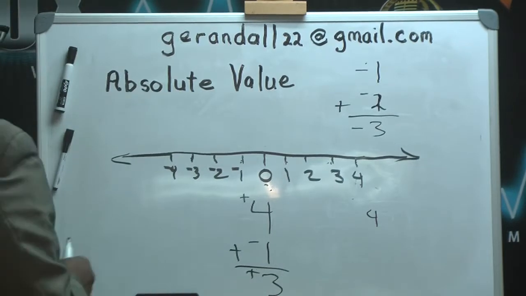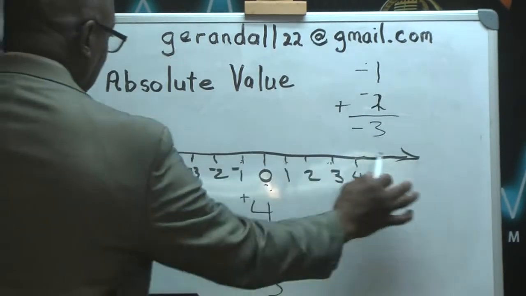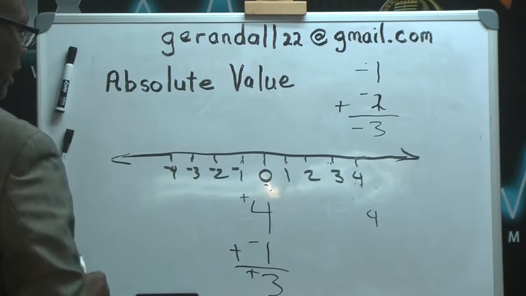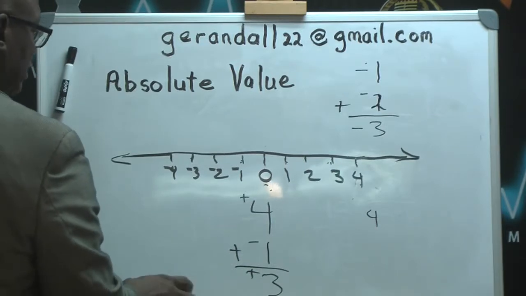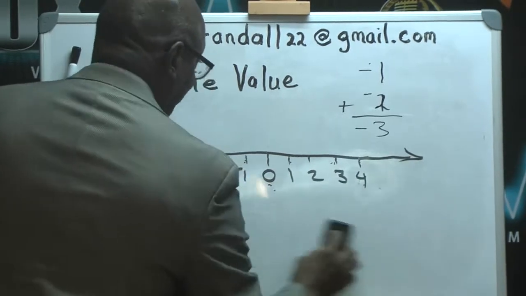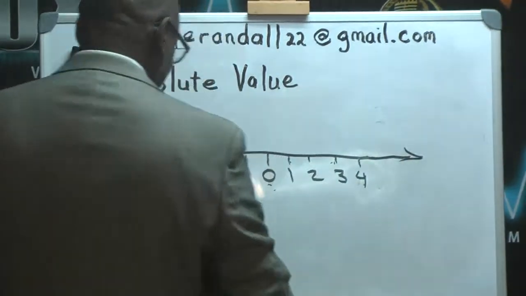And so far, I've shown you the definition of absolute value. We've drawn a number line for some simple operations, and we've talked about absolute value. The reason I bring up absolute value again is because when we subtract, there are some rules that go with subtraction.